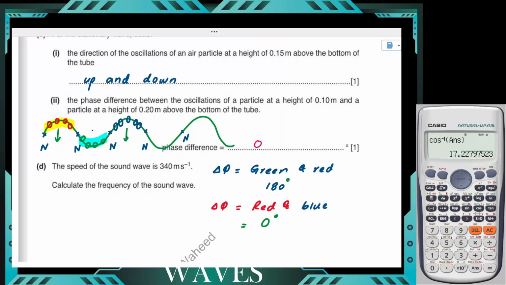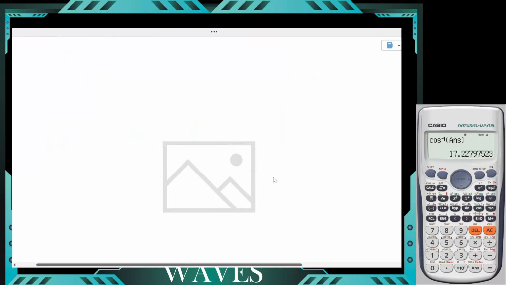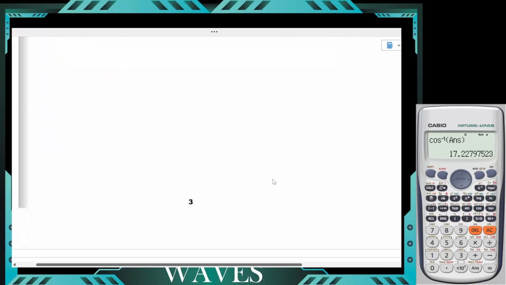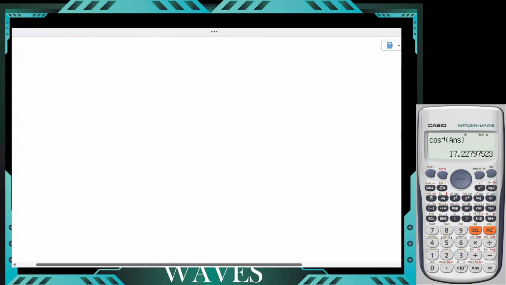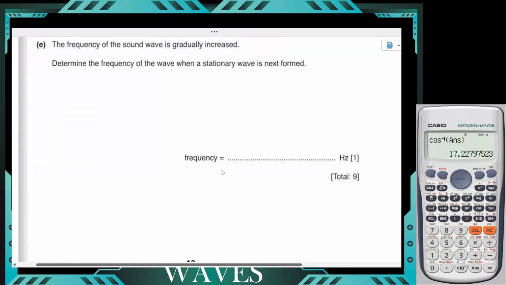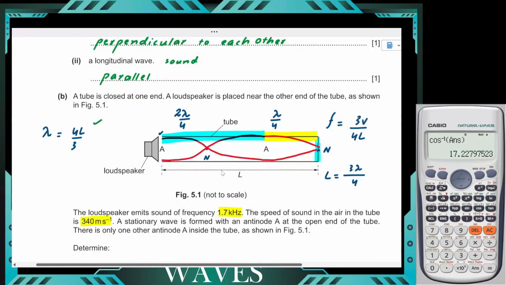Is there a general way that we can answer this question? What we say is, if the particles are separated by an odd number of nodes, the phase difference would be 180. I'll scroll all the way up over here. We haven't discussed it in theory, so you can note it down as a general rule of thumb.